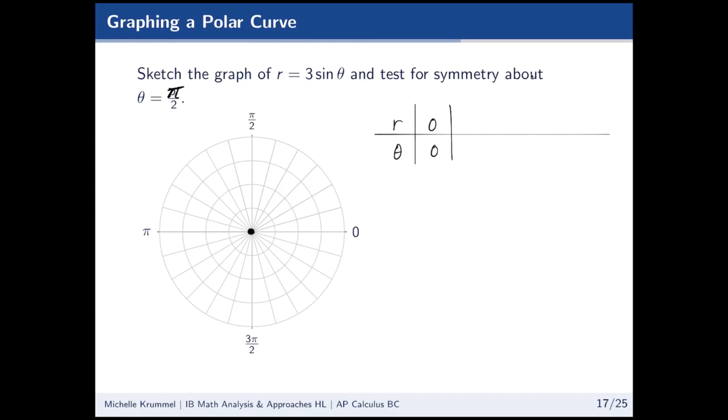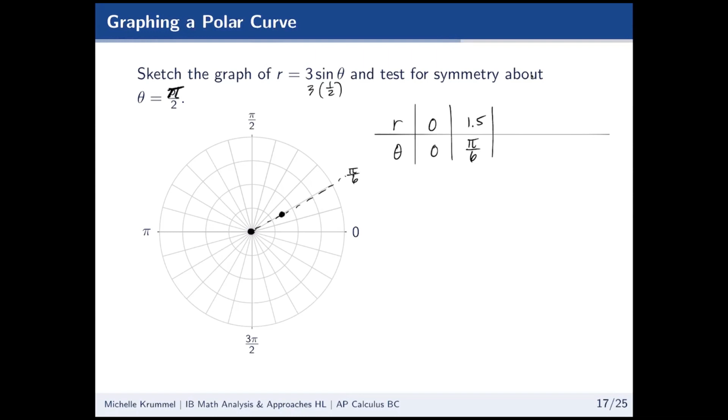Because it's a sine equation, I'm going to use pi over 6. The sine of pi over 6 is 1/2, so r equals 3 times 1/2, or 1.5. Pi over 6 is right here, and a radius of 1.5 right there.